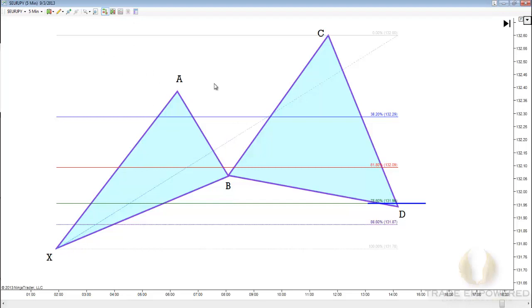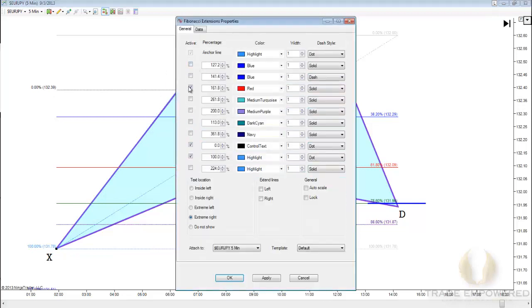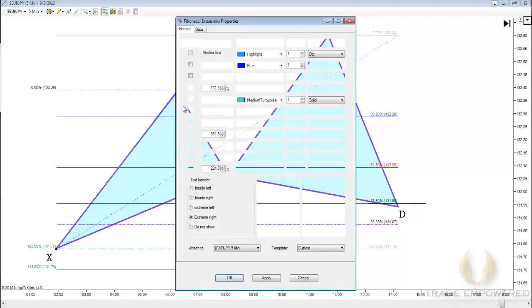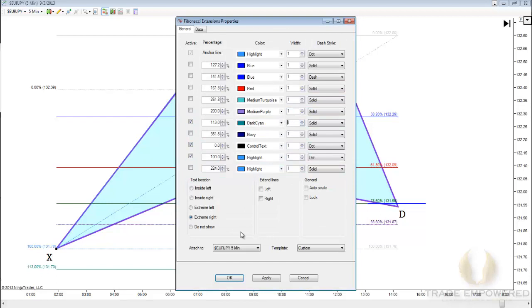Now, something else you may want to try out is, again, like we did with the Bat pattern and the Gartley pattern, take your Fibonacci extension tool, take it from your A leg, back to your X leg, back up, and draw in that 113 Fibonacci inversion. And that will often put you in the same level.